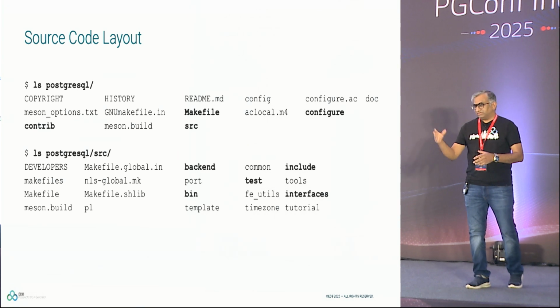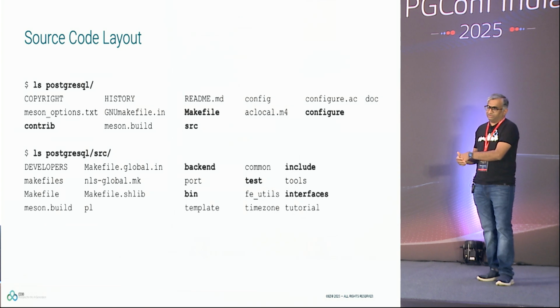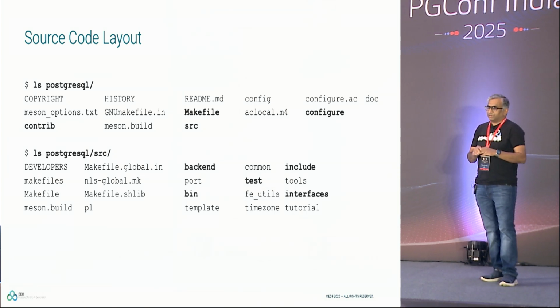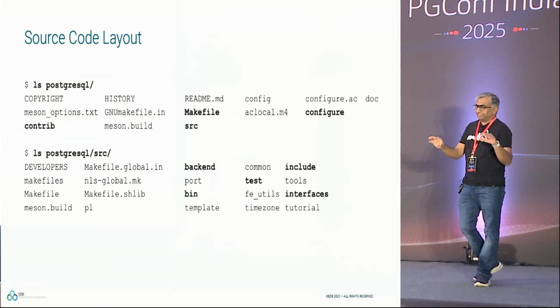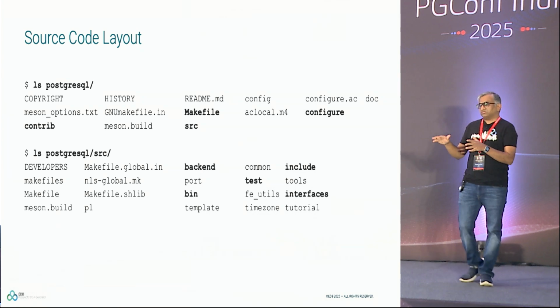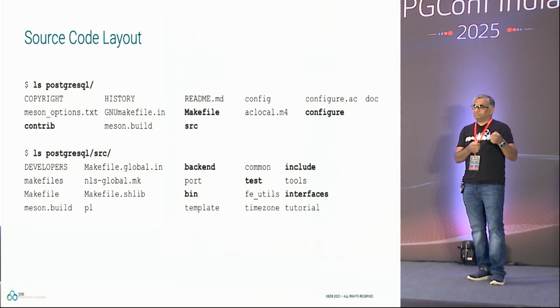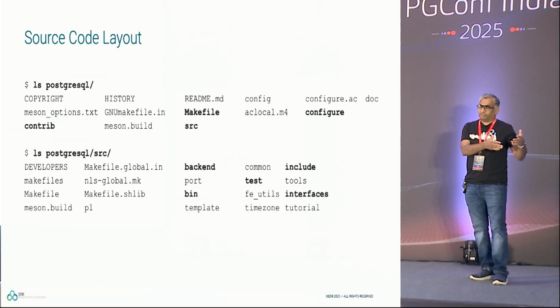Include is obviously, if you know C, all the include directory files. Obviously there is a structure underneath that as well, but all of your header files are under the include subdirectory, and that's a good place to start looking if you want to see if there are any APIs that Postgres already provides.